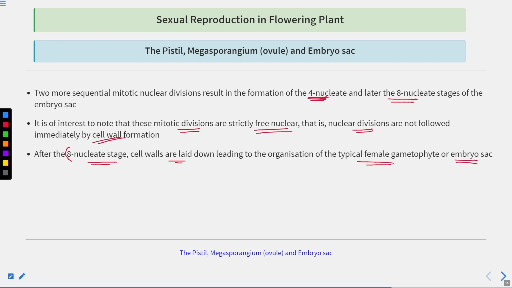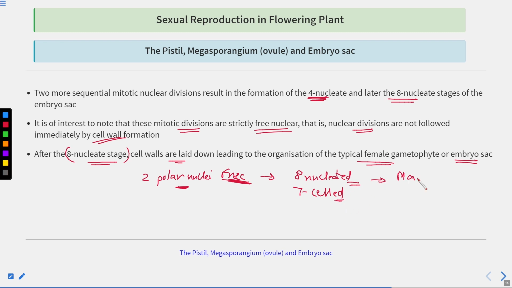Later on, the two polar nuclei fuse with each other, and later during fertilization this leads to the formation of an 8 nucleate embryo sac which is 7-celled, because the two polar nuclei have fused and formed a single cell. So the mature embryo sac is always 8 nucleate and 7-celled.